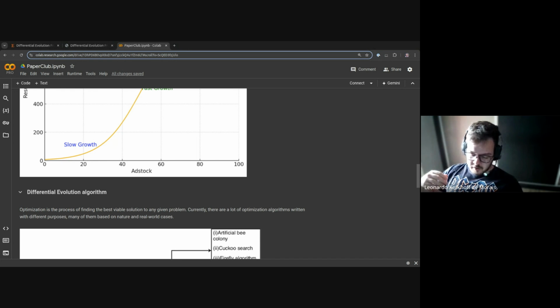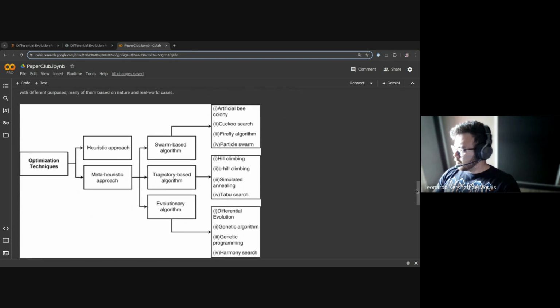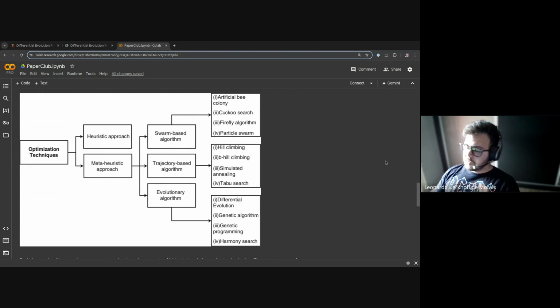Currently, there is a vast kind of algorithms out there. Every new day, people come up with a new algorithm for optimizing anything. And this image basically shows some of the most known algorithms today. This is not close to everything that is out there, but it shows us some of the important ones.